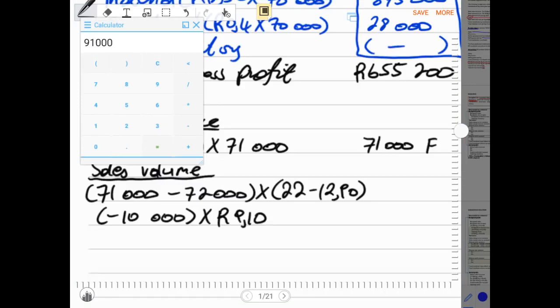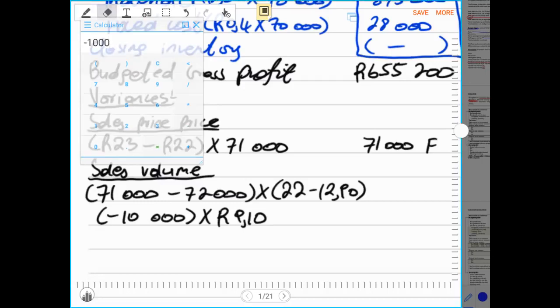Let me just recalculate that. 71,000 minus 72,000. Oh, that is just 1,000, not 10,000.